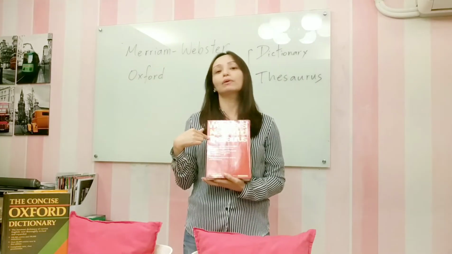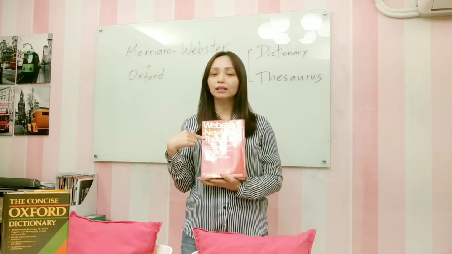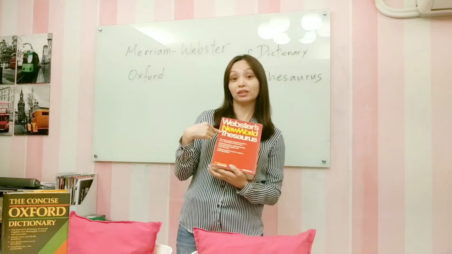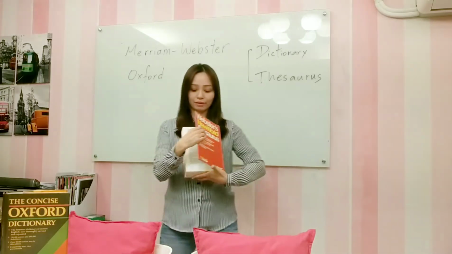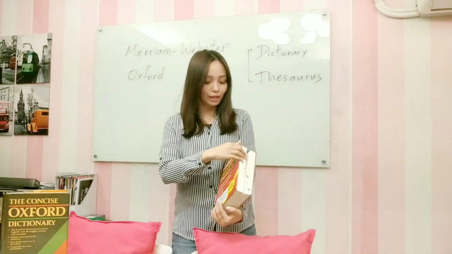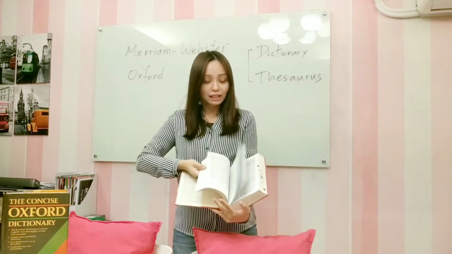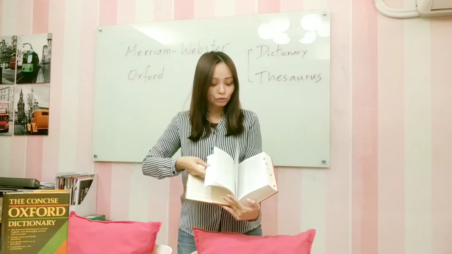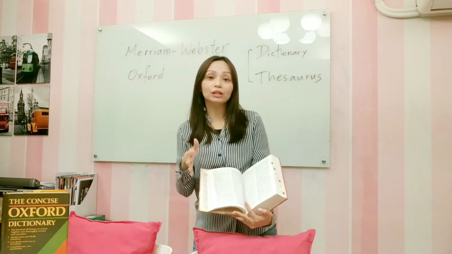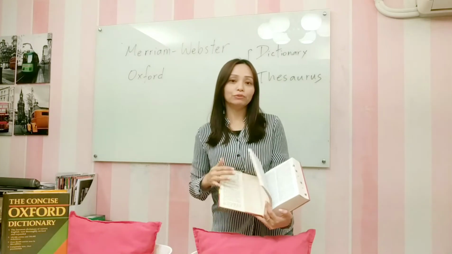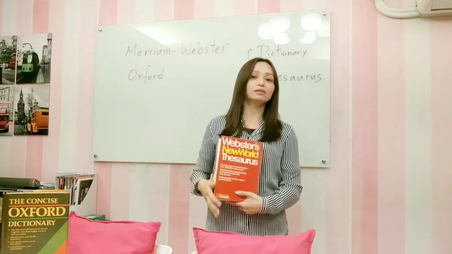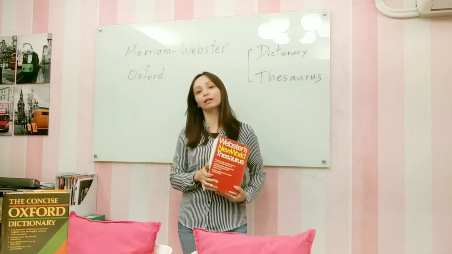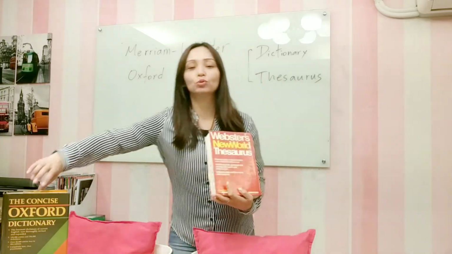Now, a lot of Taiwanese students will be like, what is a thesaurus? Well, a thesaurus is kind of like a dictionary, so we'll just very quickly flip through it. It's pretty much like a dictionary, but for each vocabulary that you look up, you can actually find similar words. So it's a little bit like 同义字典, right? We call it a thesaurus.